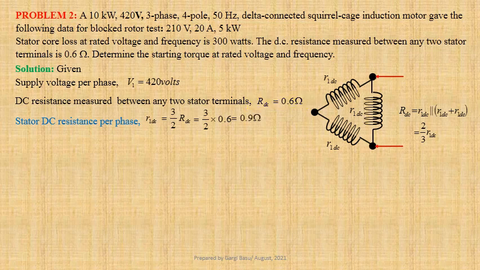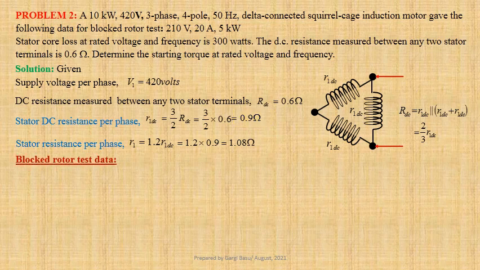Multiplying this value by 1.2, we shall get AC value of stator resistance per phase R1 equals 1.2 times R1 DC, that is equal to 1.2 into 0.9, that gives us 1.08 ohm. Given blocked-rotor test data, blocked-rotor voltage per phase VBR equals 210 volts.